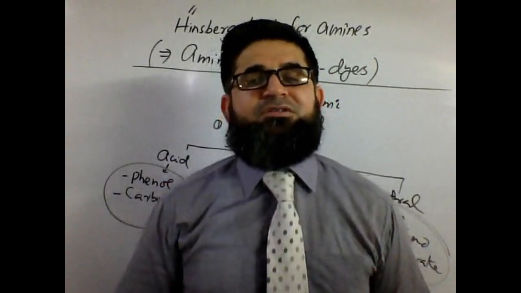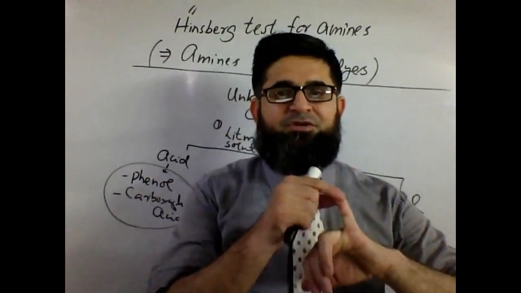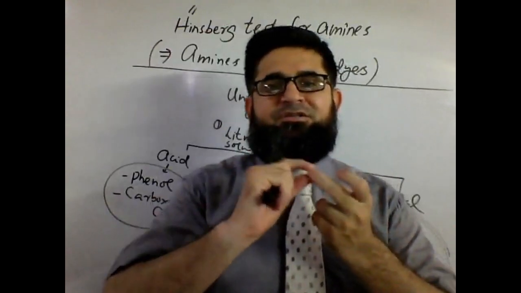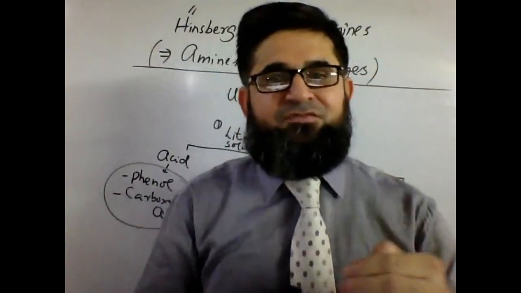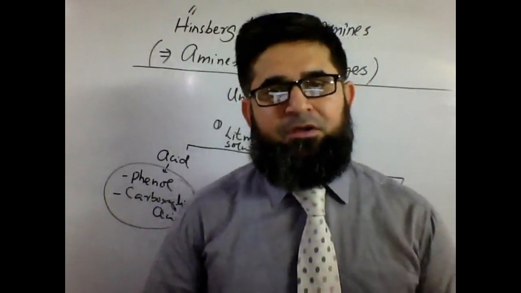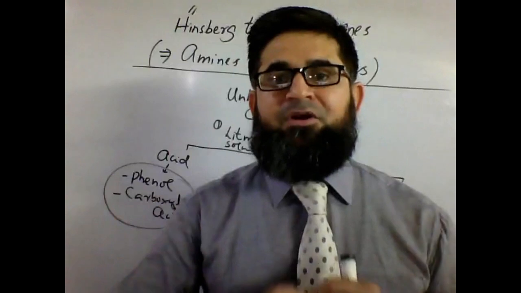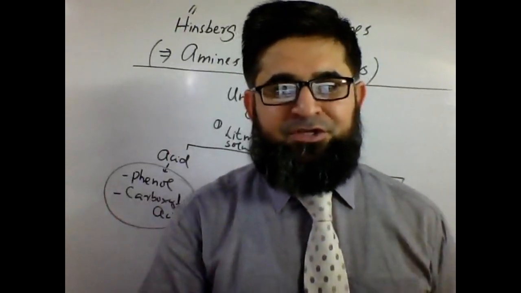So amines can basically be identified by three tests: the diazotization test, the carbylamine test, and the Hinsberg test. Out of those, the Hinsberg test actually separates them from each other, primary, secondary, and tertiary. Hope you got the idea about the Hinsberg test, the chemistry, and how it helps you out. If you have any question, please don't hesitate to ask me. Thank you very much. Assalamu alaikum.